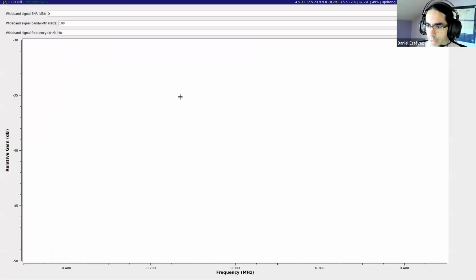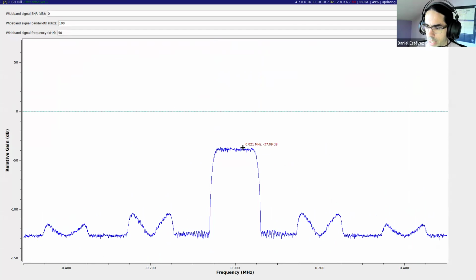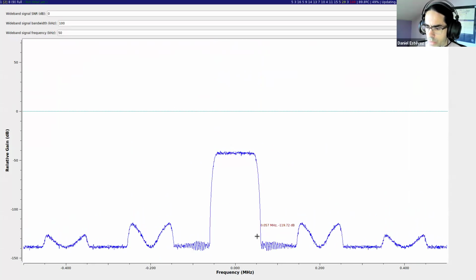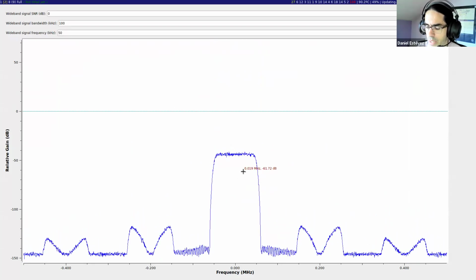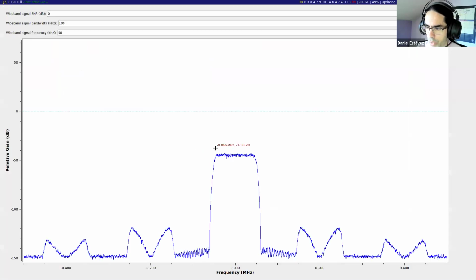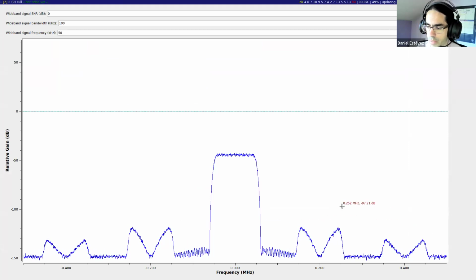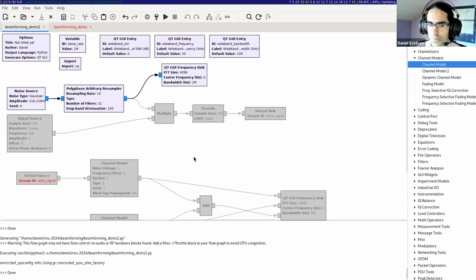So if I now show how this looks, you can see that the noise is limited to this portion of the spectrum, essentially because this block is taking as input what we saw before, which is noise occupying the whole spectrum, and then resampling it. If we resample by a factor of 10, we only get 1/10 of the spectrum, and the rest of that is supposed to be 0, but the filter is not ideal. Okay.